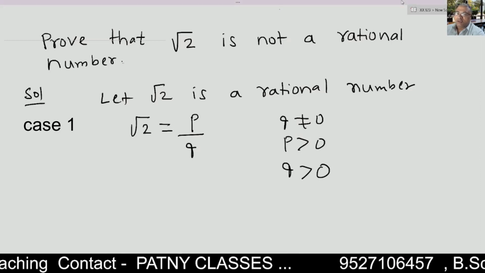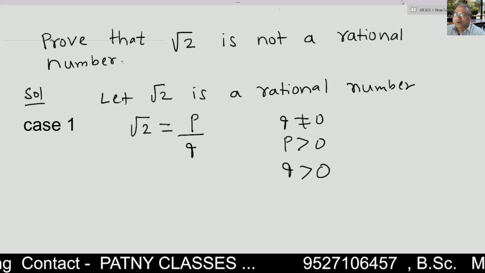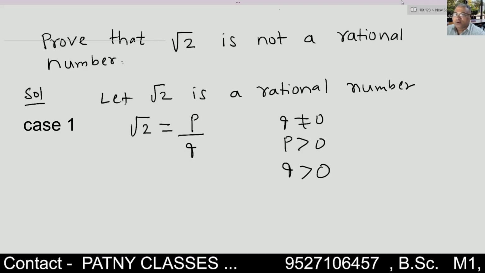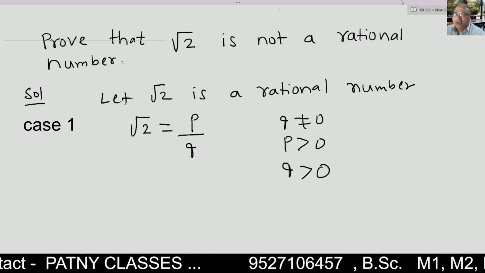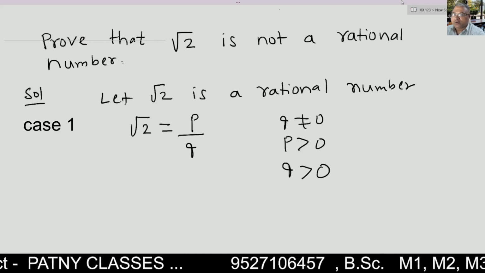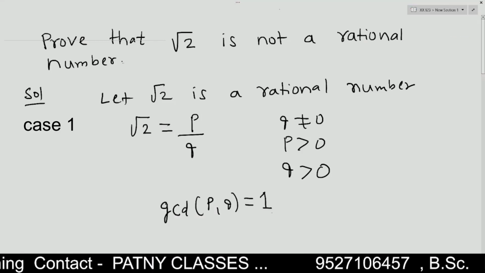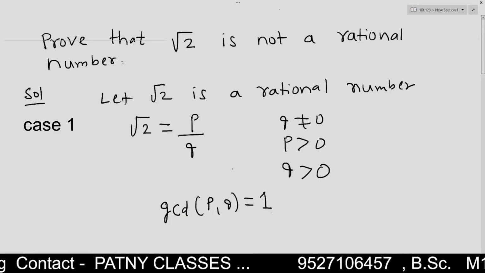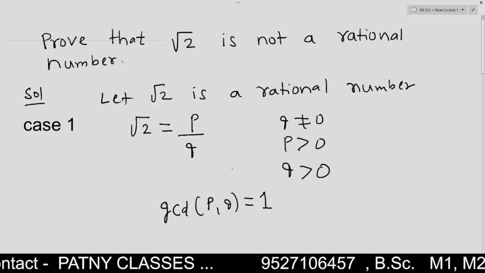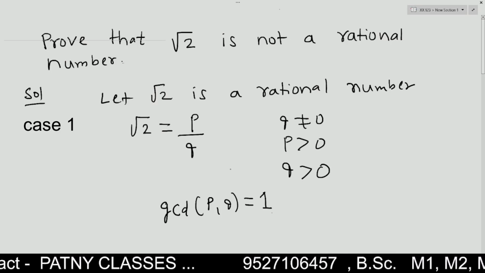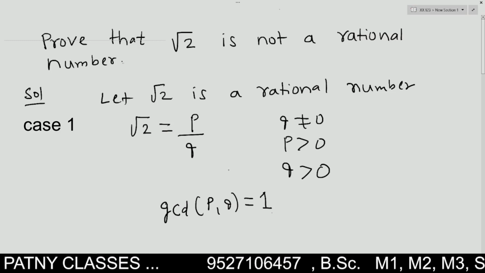These are the three conditions. Also, one more important condition: GCD of p and q equals 1, that is p and q are two numbers such that there are no common factors other than 1 between them.